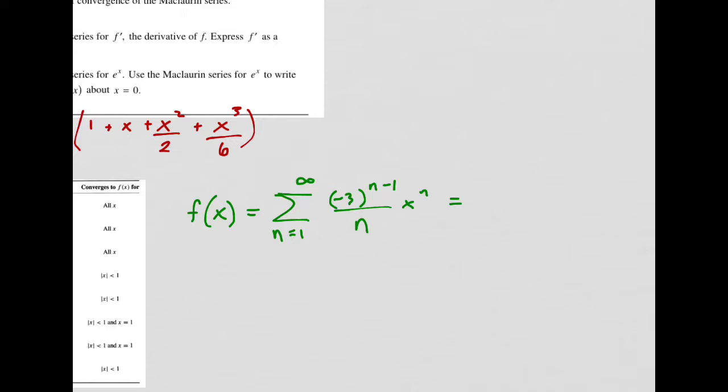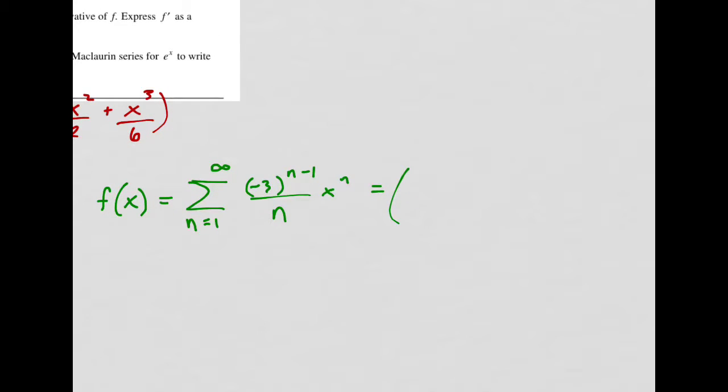If I plug in 1, I get 1, and x to the 1 divided by 1. I'm going to do this in blue. Then minus now. I'm going to need a couple of terms. That was n equals 1.